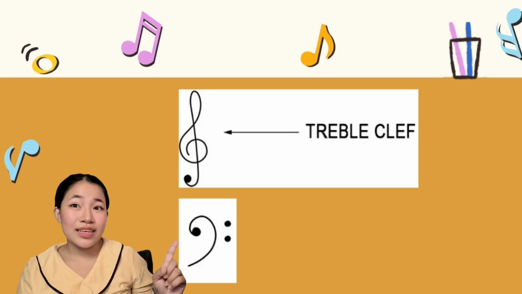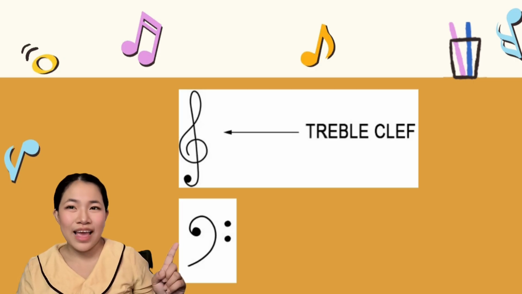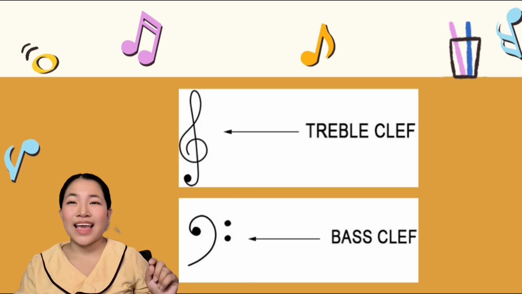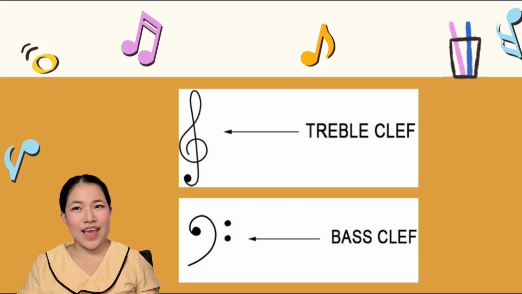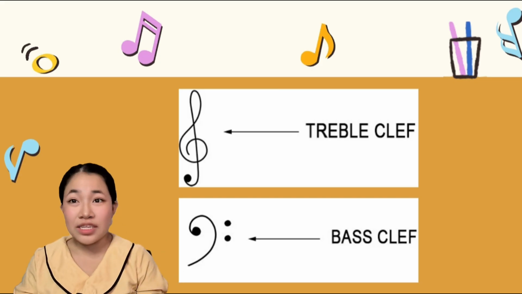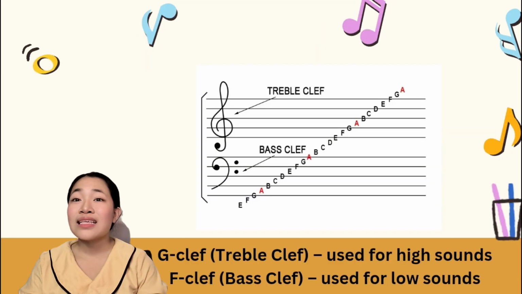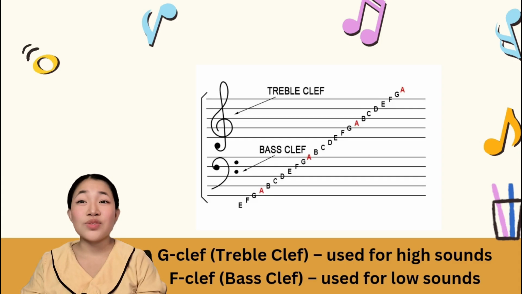The second one is called the F clef or bass clef. Again, this is the F clef or bass clef. Okay, so the G clef or treble clef is used for high sounds, while the F clef or bass clef is used for low sounds. Okay.